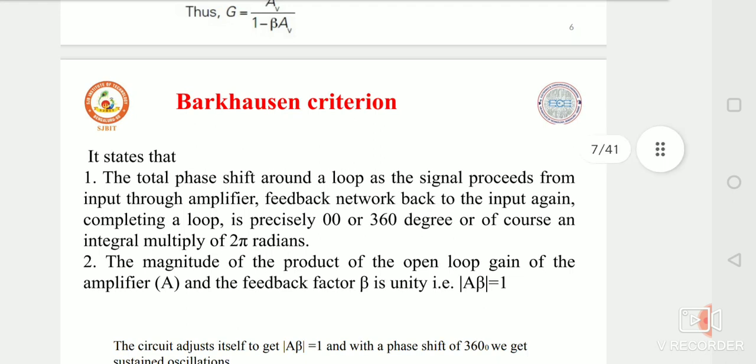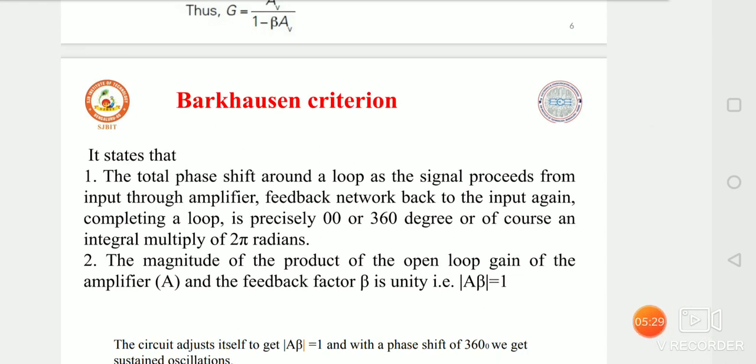The magnitude of the product of the open loop gain of the amplifier and the feedback gain, that is, the magnitude of A beta, must be equal to 1. If these two conditions are satisfied, then only will you get a sustained undamped oscillation.